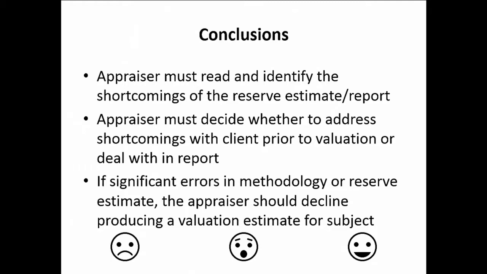Get written communications from them giving full explanations to your set of questions. You've got to decide whether to address the shortcomings with the client or deal with them in your valuation. If you don't deal with it up front, you're going to be left with a very meddlesome and troublesome outcome of your appraisal.